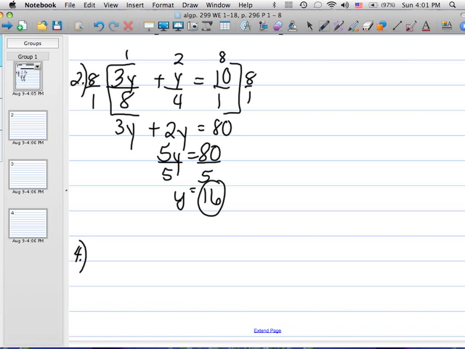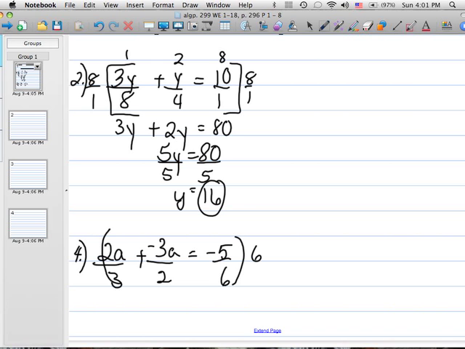Problem number 4, again from the oral exercises. 2a over 3 minus 3a over 2 equals negative 5/6. I'm changing subtraction to addition and changing the signs.